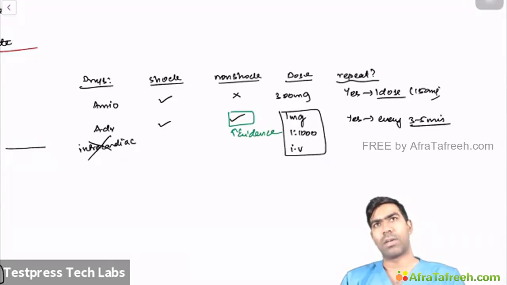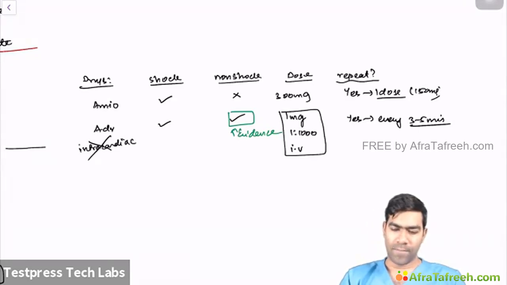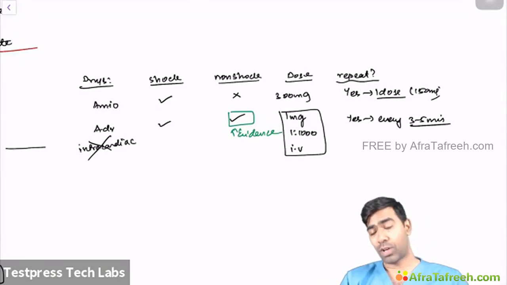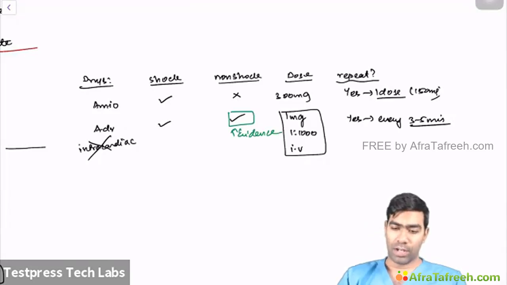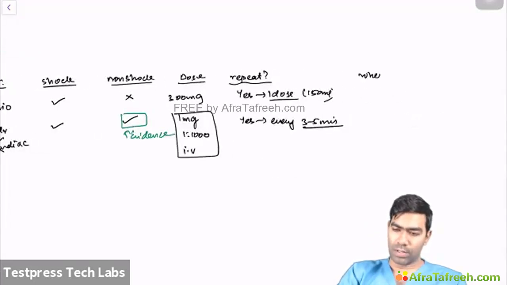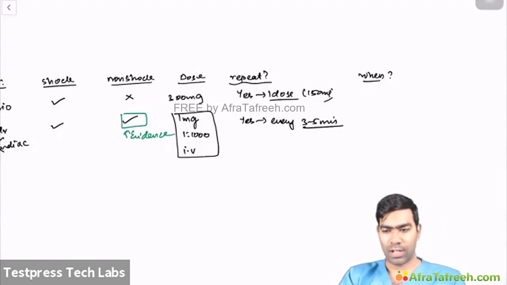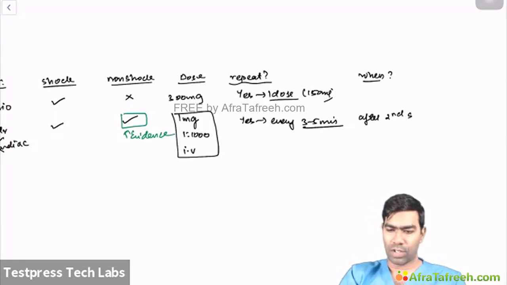And next, what else? The doses are different for other conditions, which we'll discuss subsequently. And when will you give adrenaline and amiodarone? That's the question. At what point of CPR will you start? You have to start adrenaline after the second shock.